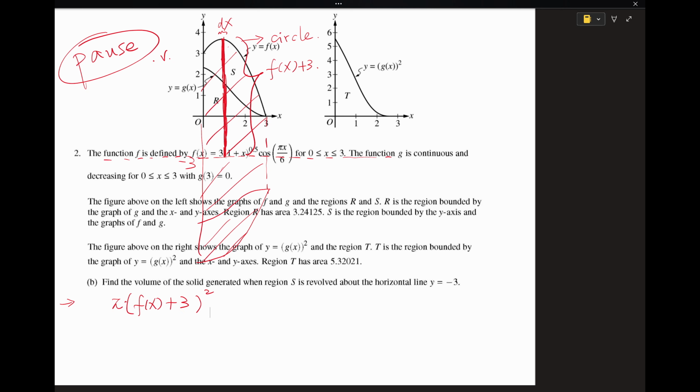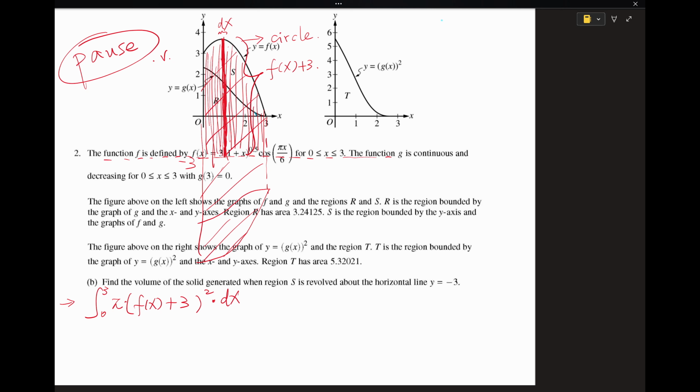If we multiply this by dx, we're going to have the volume of this slice. And for the total volume of this solid revolved by this red region, we just add them up. So that's why we have an integral here, from 0 to 3. It's something like adding up all the slices.